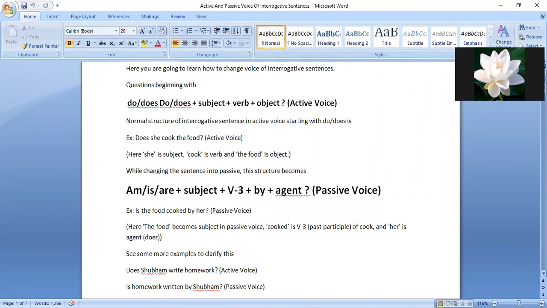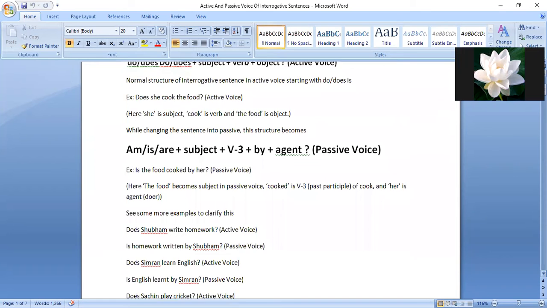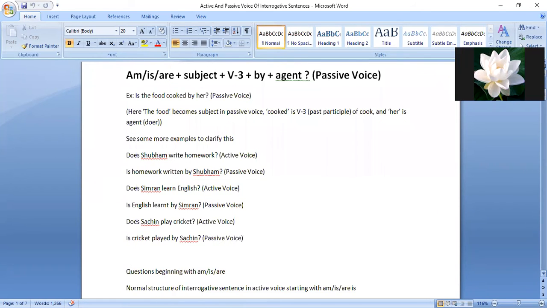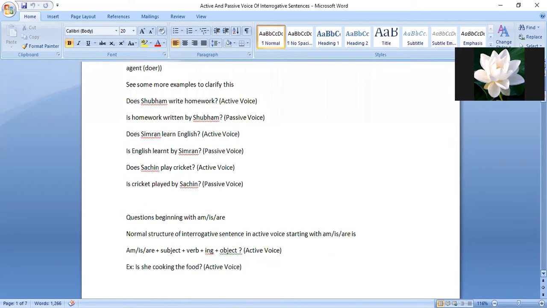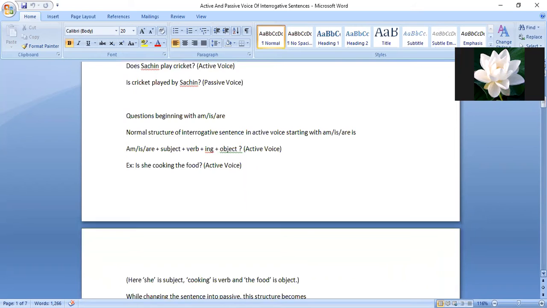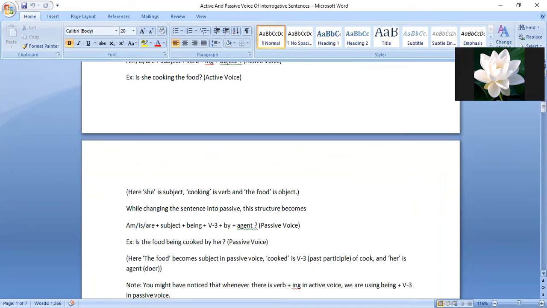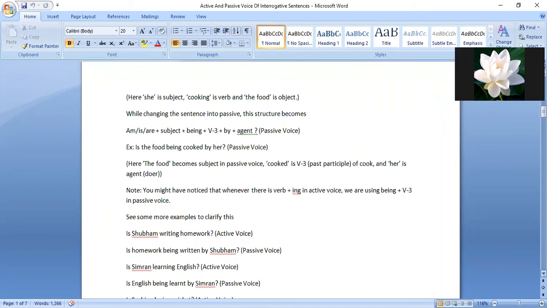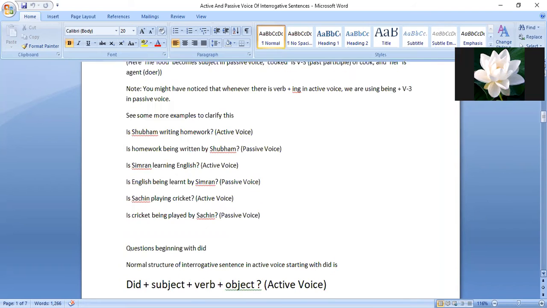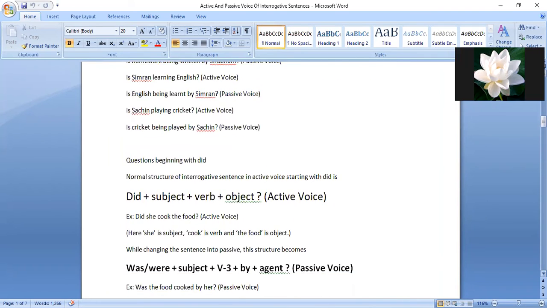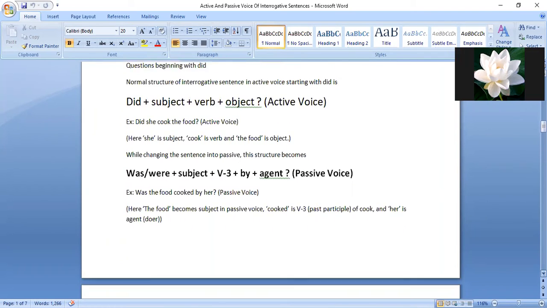Interrogatives: do, does in the active voice and its passive are given here. Examples are also given. All the examples you can see and practice. Please try to copy down everything and also frame your own sentences.